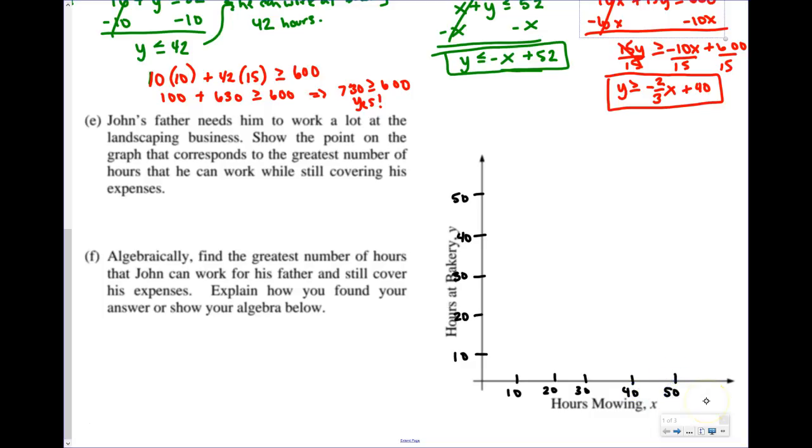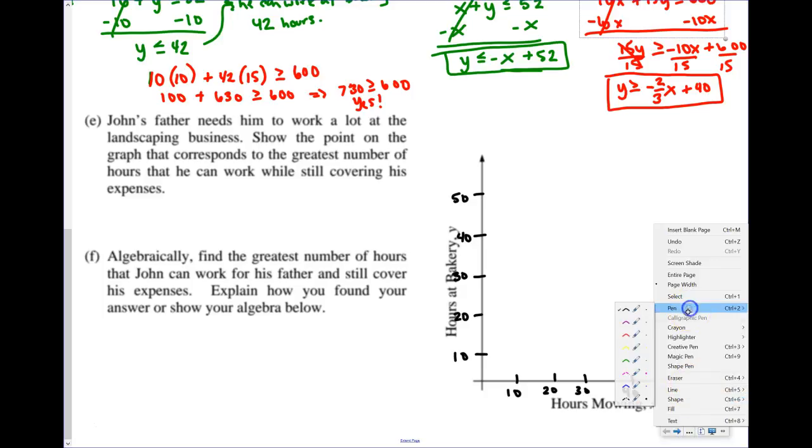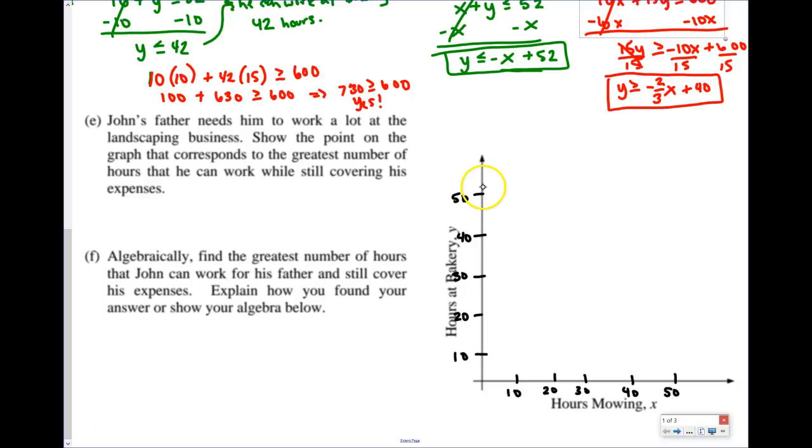Okay, so keep in mind your lines might not be perfect because this grid is not lined up. We're going to make estimates of what this might be. So let's do the green one first. The green one is going to have a y-intercept at 52, so about right here. And this slope is -1, which means it's going down 1 over 1, down 1 over 1. Another way you can think about this is that it's going down 10 over 10.